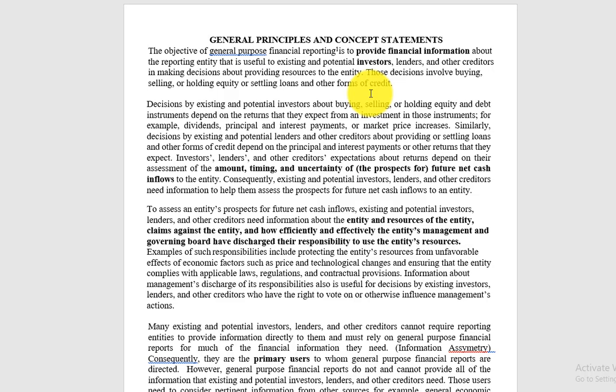And so the financial information we provide is going to be geared to helping them make decisions, so they can make money by getting dividends, interest payments, that sort of thing. That's why they're so interested in this information.